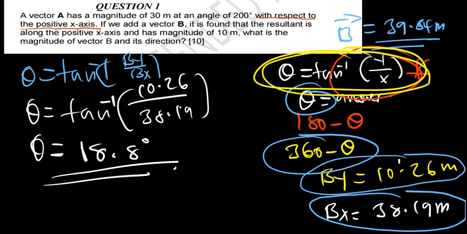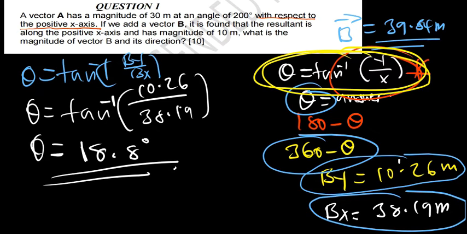Sorry, sir, I have a question on the answer you got. Sure. I'm getting 15.037. Okay, let me just try to redo it. Maybe I've made a mistake, I don't know. So tan, open brackets, 10.26, I divide it by 30.